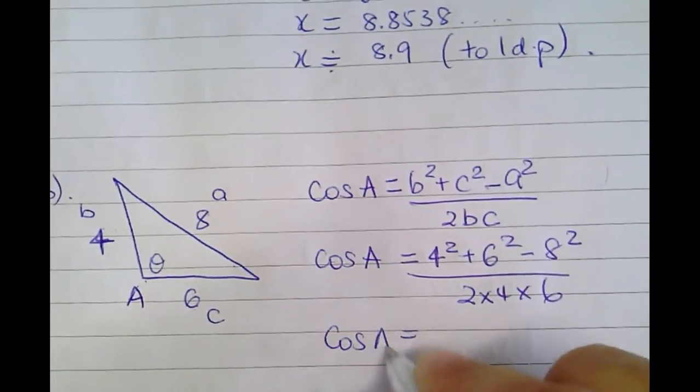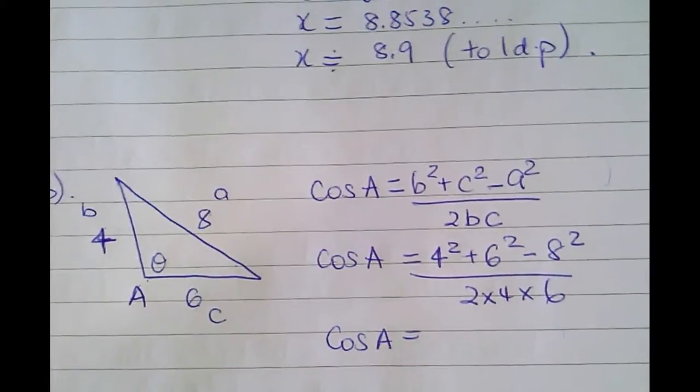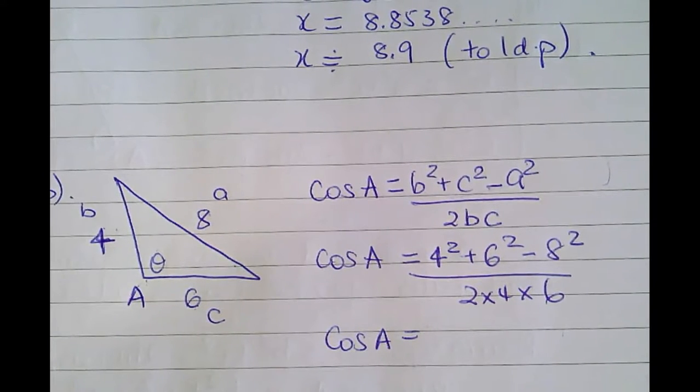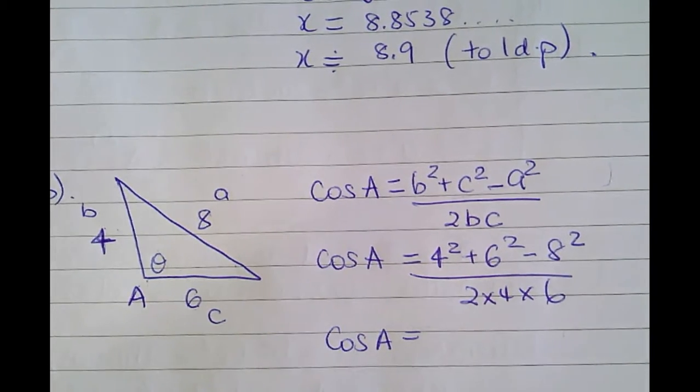Now, cos of A equals, you need to work this out as a decimal. You're going to end up with a decimal between -1 and 1, depending on whether it's an obtuse angle or not. So, please evaluate the whole of the top row before dividing by the denominator.